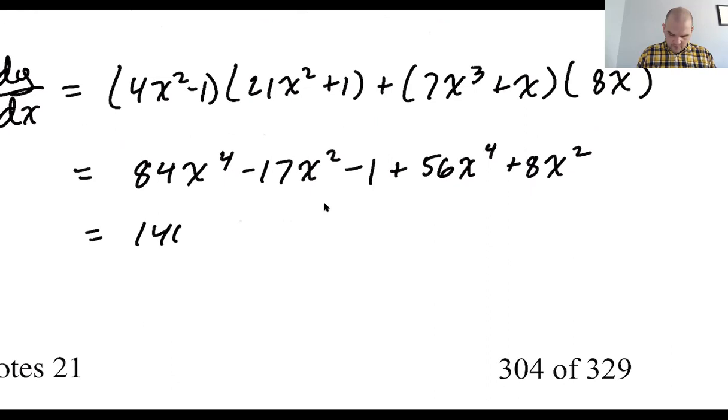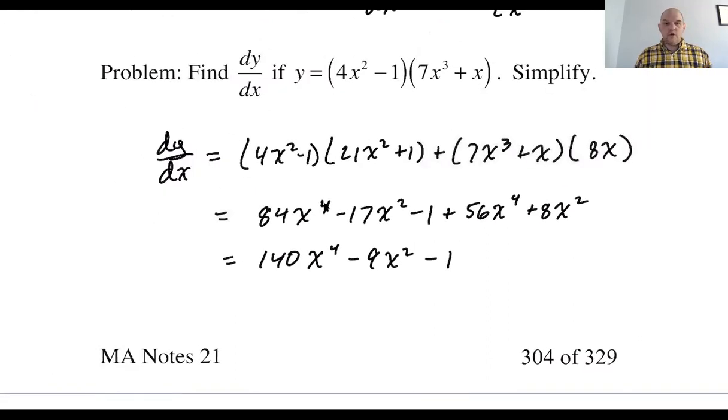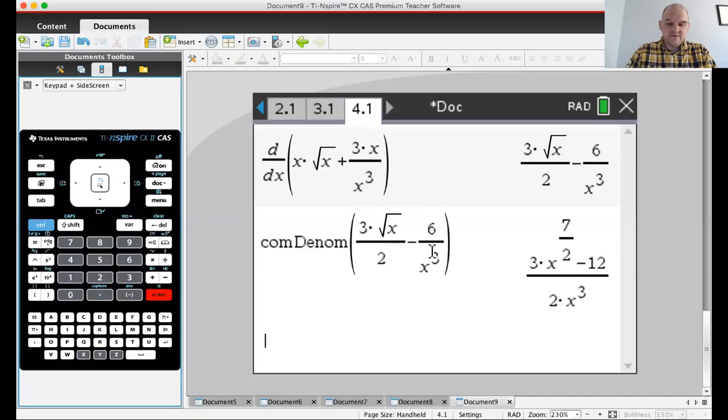140x to the 4th minus 9x squared minus 1. Okay, I'm just going to check it on the calculator, and if I got it wrong, we'll end this video struggling to fix it. So what do I want?